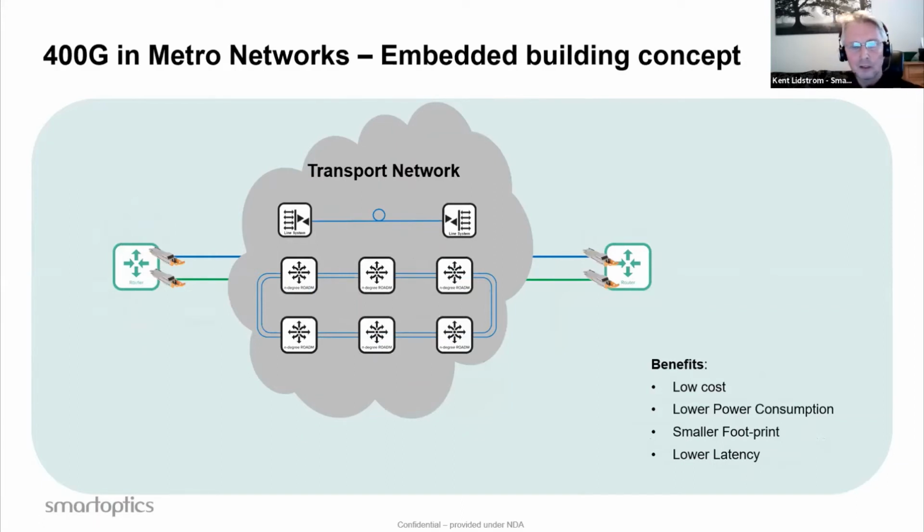If we look at the benefits here, it's clear that it provides a lower cost because you can use lower cost optics. And also you don't have to put the transponders in place. It also provides a network with lower power consumption, smaller footprint, and lower latency. So there are a lot of advantages of running this.